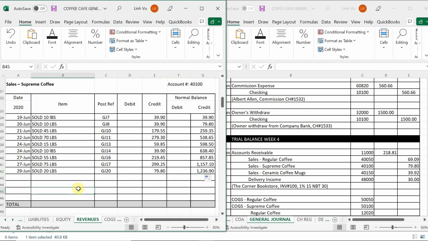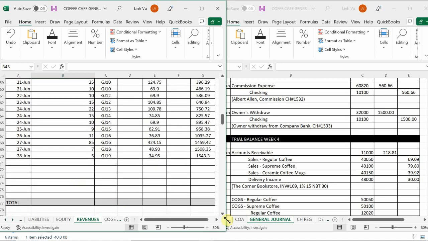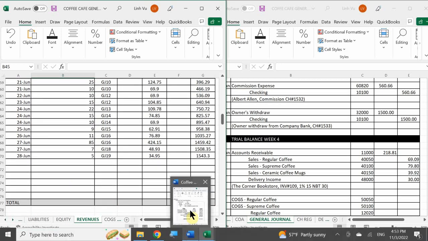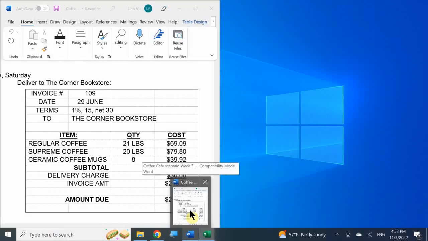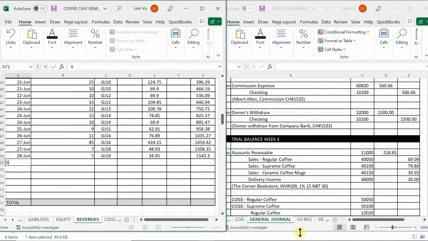We sold how many coffee mugs? We sold a total of 8 coffee mugs for $39.92. And that gave me a total of $1,583.22.